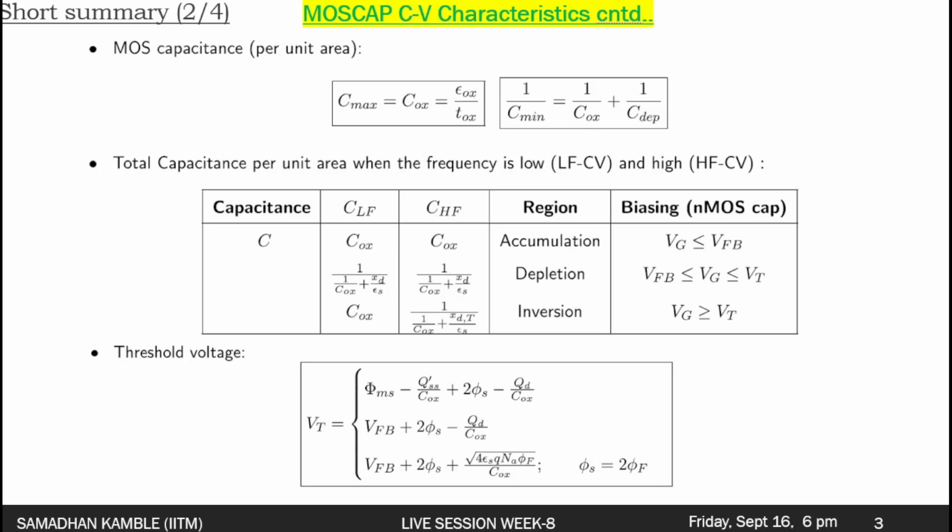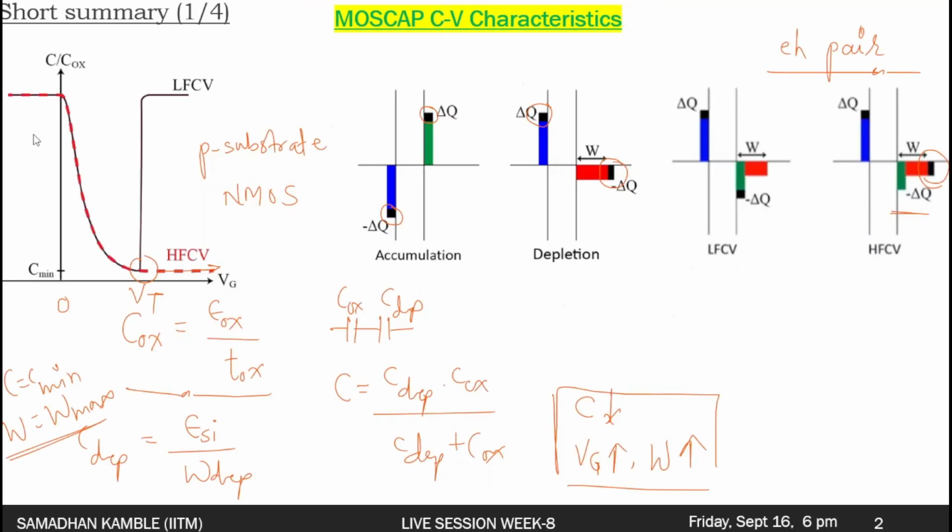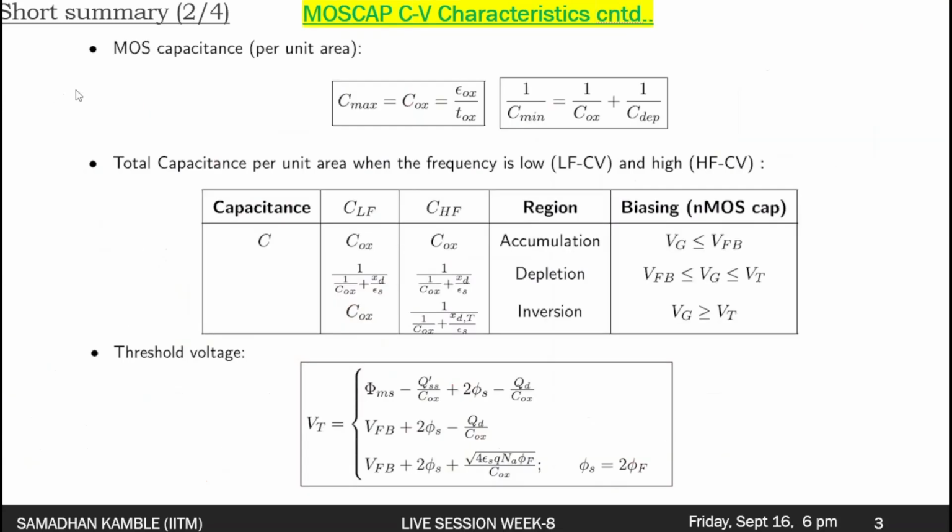Also the threshold voltage, as you can see in this figure. This is the voltage at which the inversion region begins to happen, and that is given as a function of the flat band voltage, the phi ms, which is the difference of phi m and phi s, and other parameters like phi s and phi f.